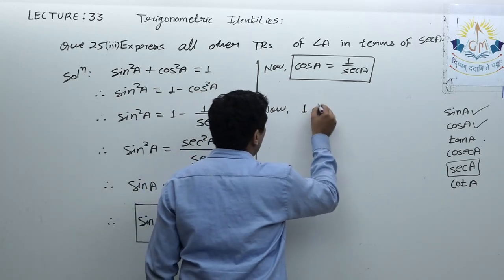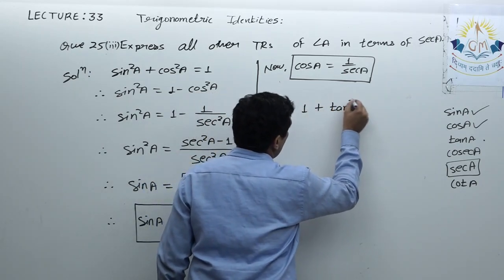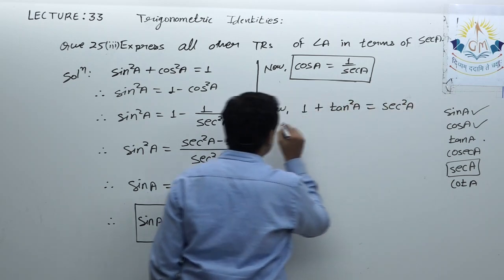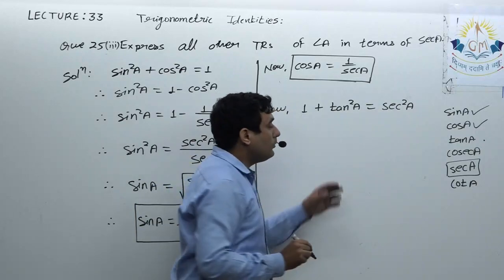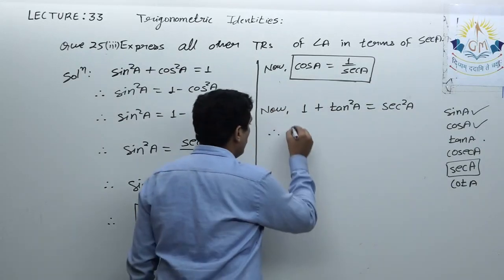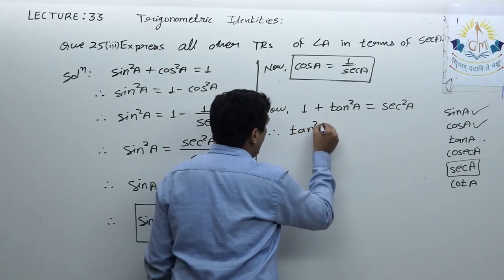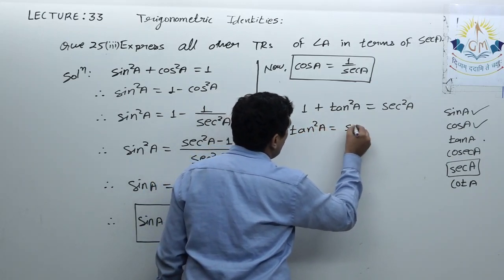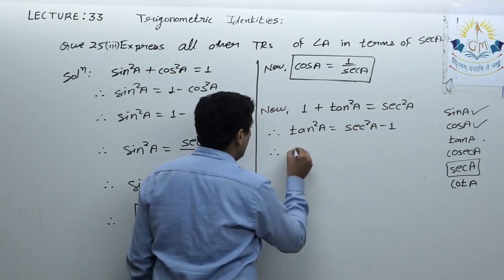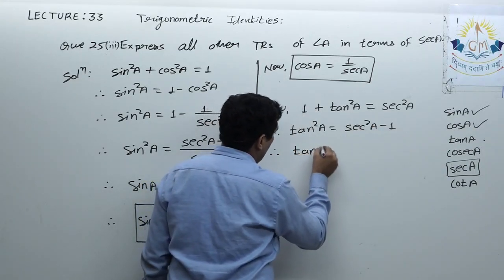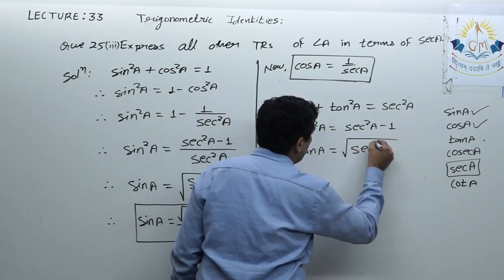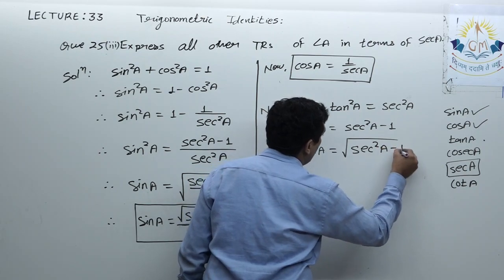Now 1 plus tan square A is equal to sec square A. We have to express tan in terms of sec. So tan square A is equal to sec square A minus 1. Therefore tan A is equal to root over sec square A minus 1.